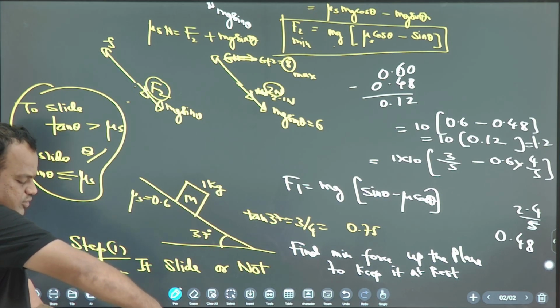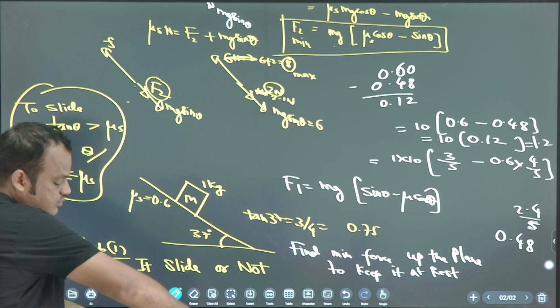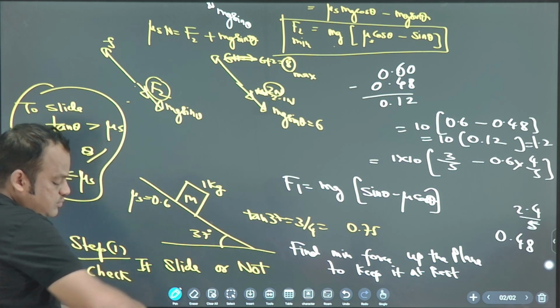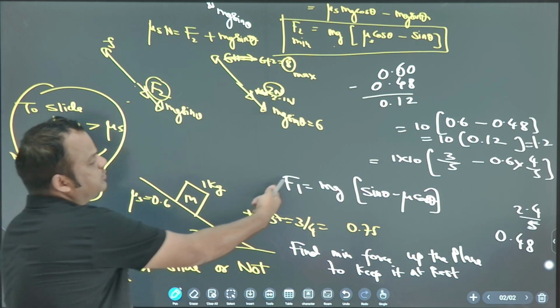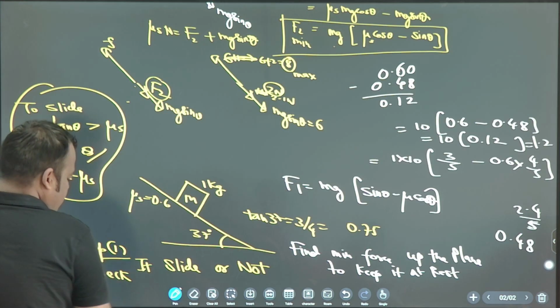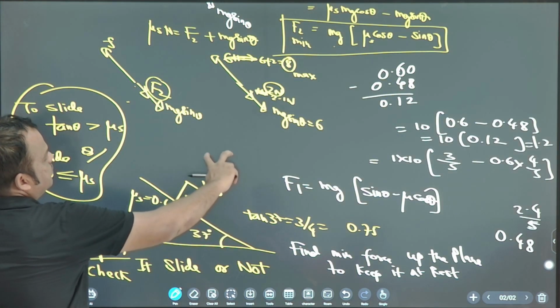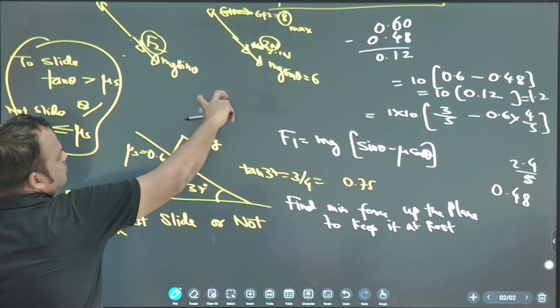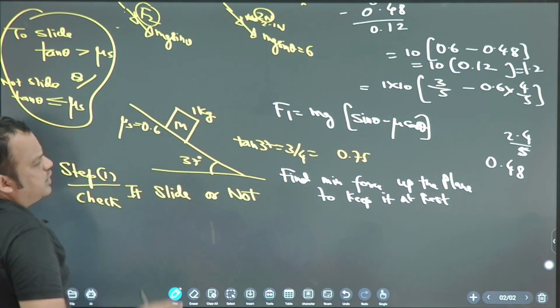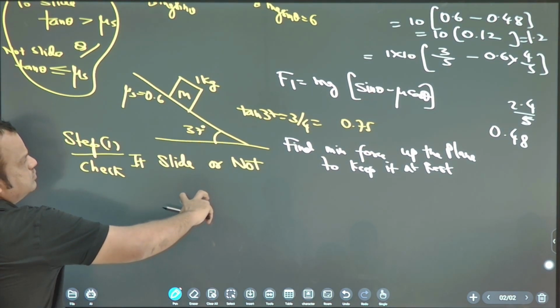Now I am exerting force. Understood? It is not sliding. So how much force am I exerting? This much. So next you write down. Any doubt? Any question? Any problem? Tell me. Clear?